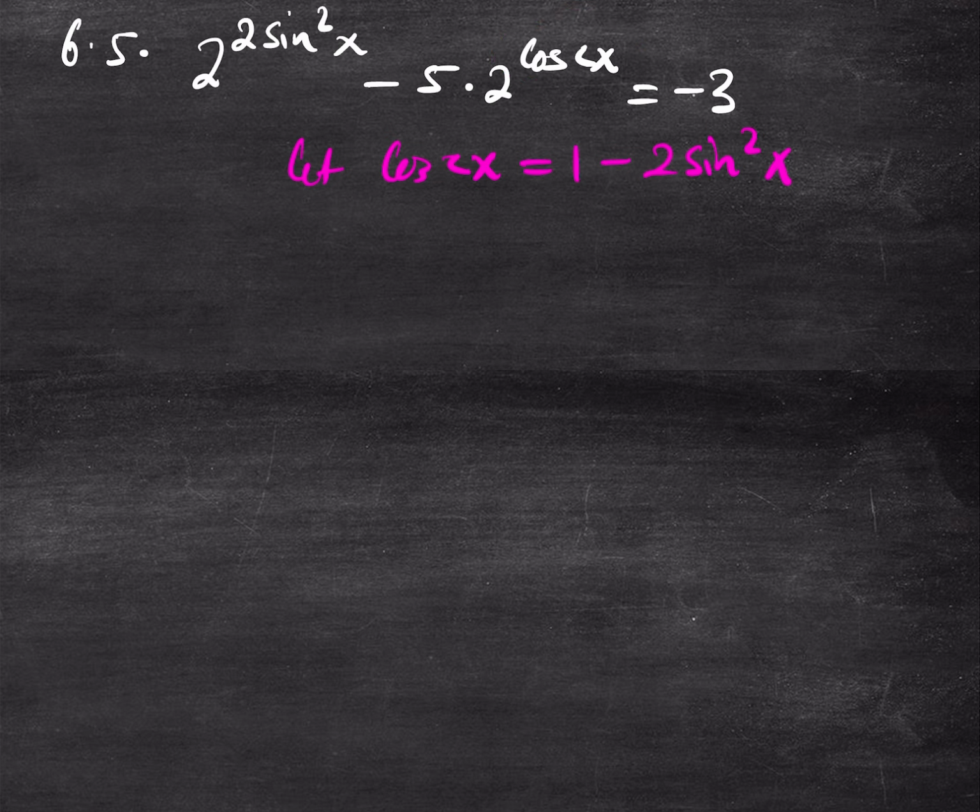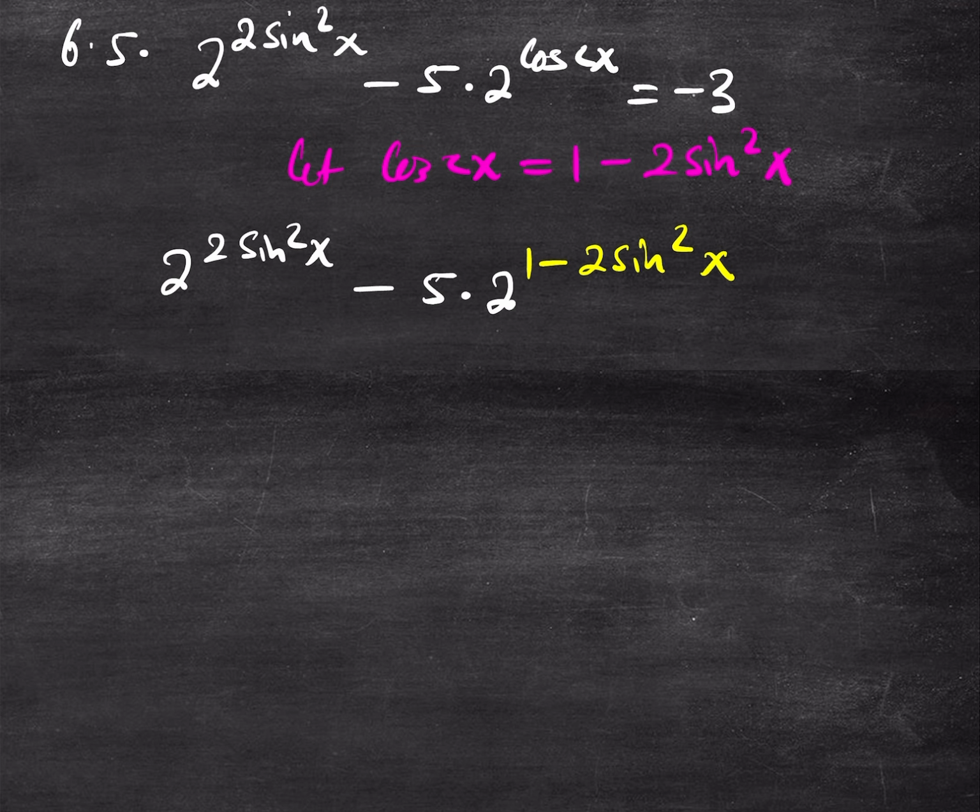Pay attention. That is going to be 2 to the exponent 2 sine squared of x, take away 5, multiplied by 2 to the power cos 2x, but now cos 2x is going to be replaced by this. You have 1 minus 2 sine squared of x. That is going to be equated, beautiful people, to negative 3.